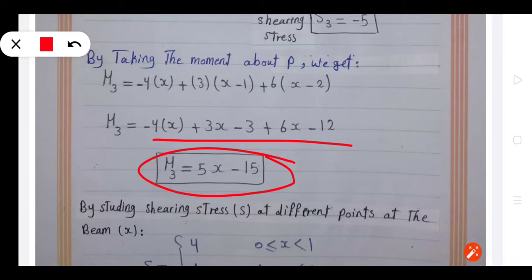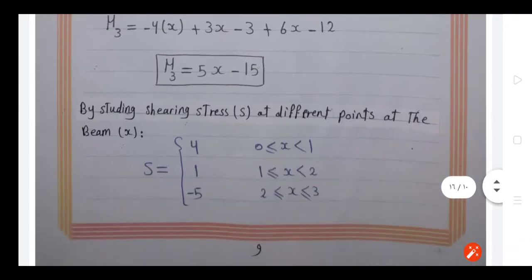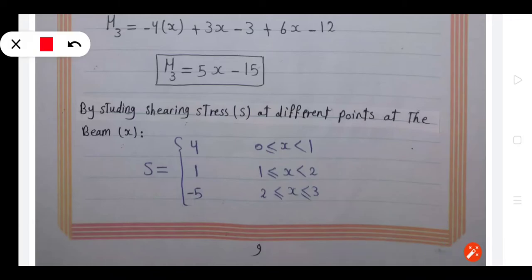Now we will write the relation between shearing stress and different points on the beam x. S1, S2, S3: 4, 1, negative 5.